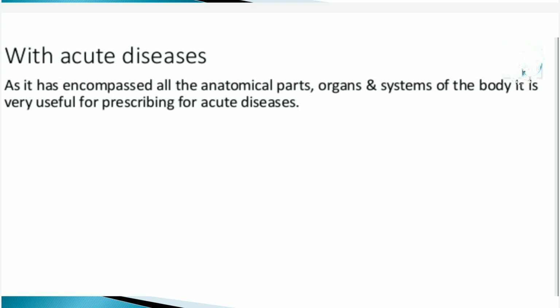So, especially in acute diseases, due to such arrangement of the repertory, it is very useful to find out the medicine easily and quickly. In acute disease conditions, we can easily find the medicine due to the systematic arrangement of all sections according to the Hahnemannian anatomical division of the body.